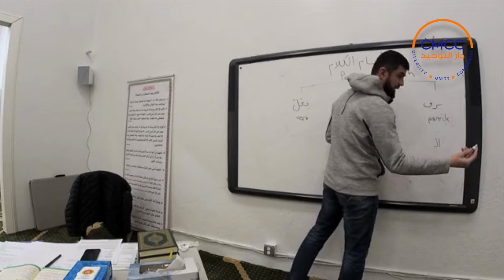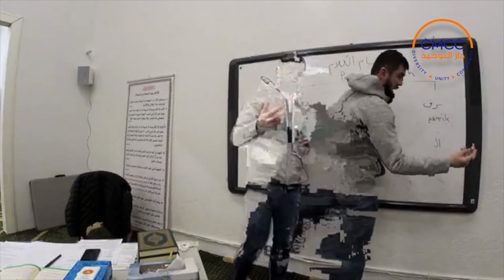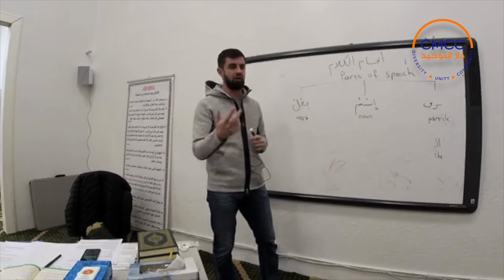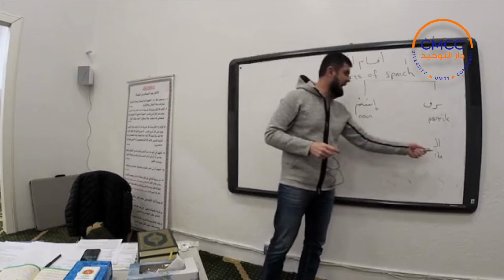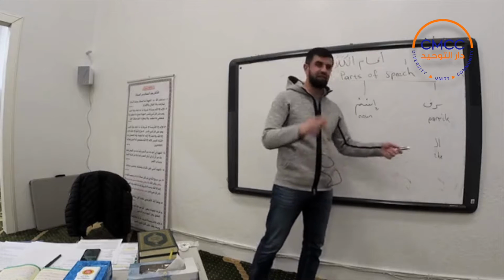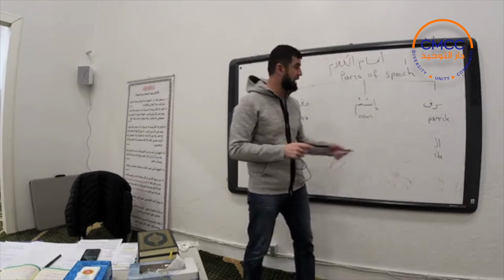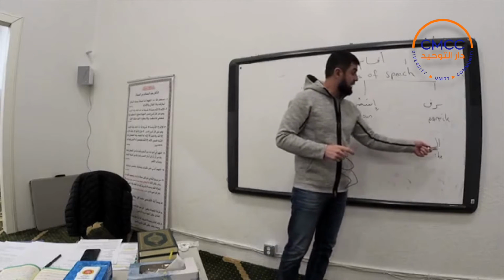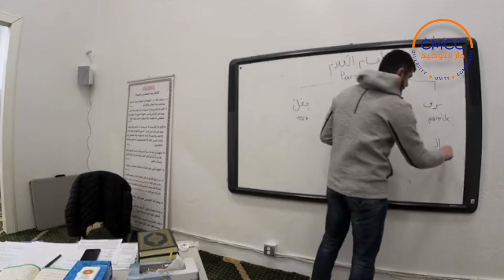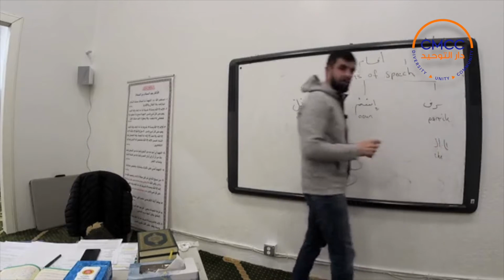Kitabun means just a book, a regular book. But when we say al-kitabu, it means the book, a definite book. So the first one is al.